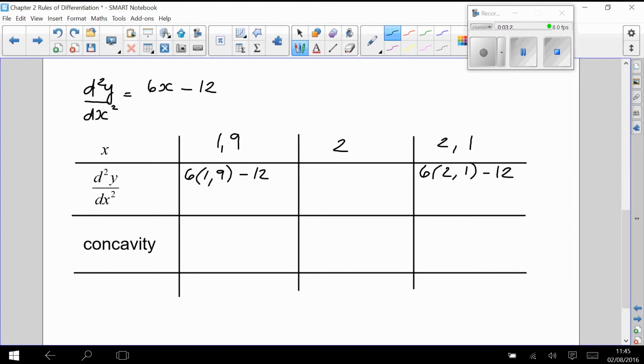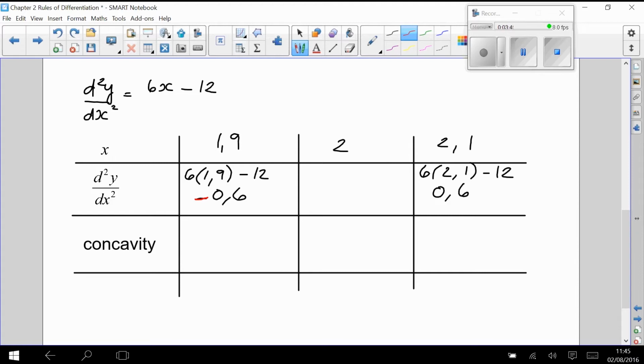When you work these answers out, for the estimate on the left, you get minus 0,6. For the estimate on the right, you get 0,6. Now don't even bother to look at the numbers. The important part is the sign. If I have a negative for my second derivative, it means that that is concave down.